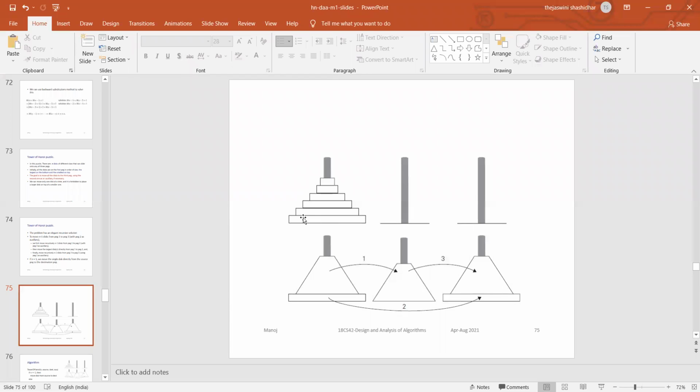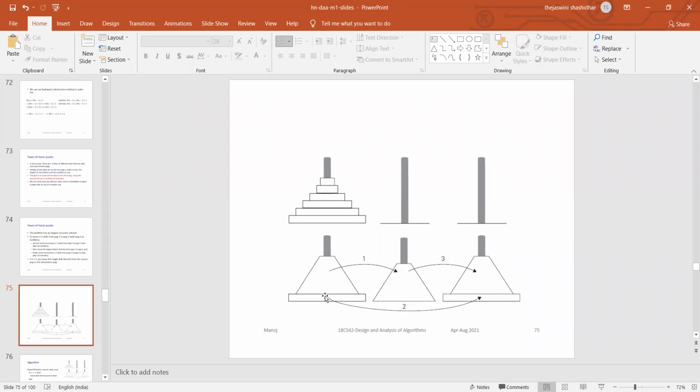Diagrammatic representation: peg 1, peg 2, peg 3. You have to move all the disks from peg 1 to peg 3. For that purpose, step 1: move all the disks except the last disk from peg 1 to peg 2.